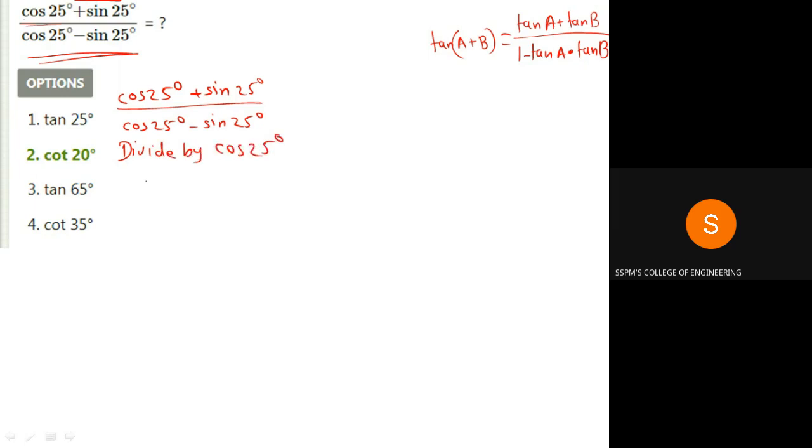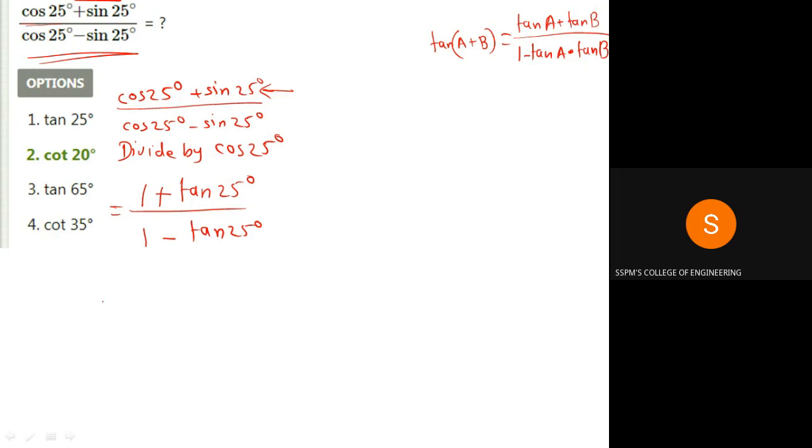Cos 25 divided by cos 25 is 1, so 1 plus, and sin 25 divided by cos 25 is tan 25 degree. Similarly, in the denominator we get 1 minus tan 25 degree. So it is 1 plus tan 25 degree upon 1 minus tan 25 degree.